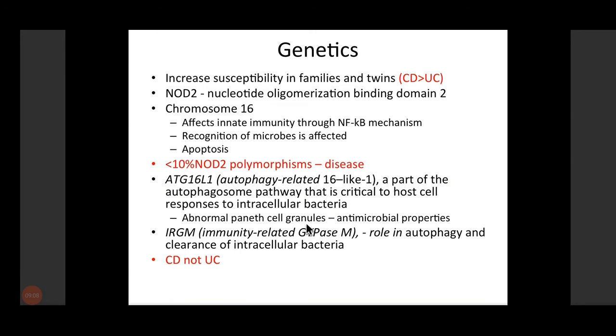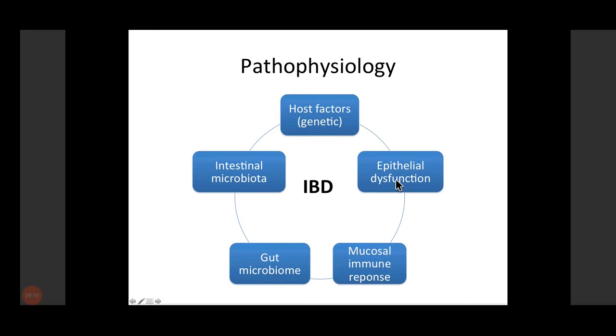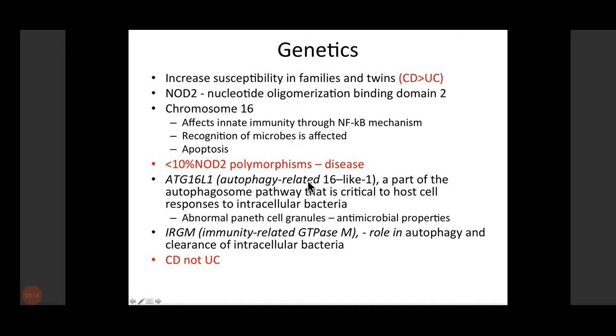So now let's look at each of these factors that we know are involved in the pathophysiology of inflammatory bowel disease. First is the host factor, which is genetics. Now there is increased susceptibility, it has been found in families and especially in monozygotic twins. This is especially true for Crohn's disease more than ulcerative colitis. So the fact that this is increased susceptibility in families and twins points towards a genetic association.